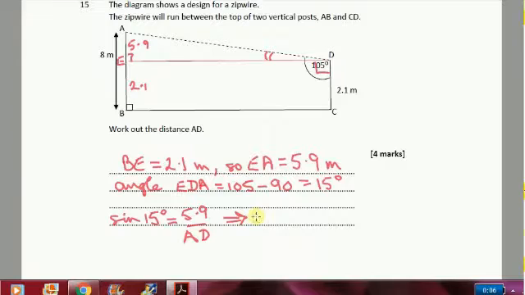So from that, AD will equal 5.9 divided by sine 15, by rearranging the expression.